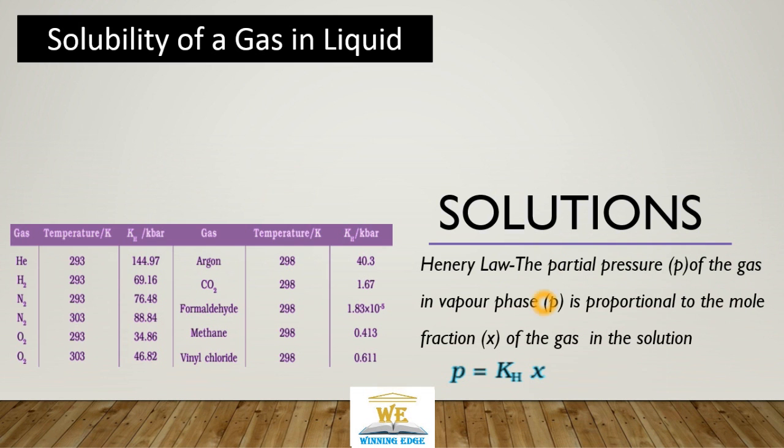P is the partial pressure, KH is our Henry's law constant, X is the mole fraction. Here we see these are different temperatures, gases. So the partial pressure of a gas in vapor phase is proportional to the mole fraction of the gas in solution.